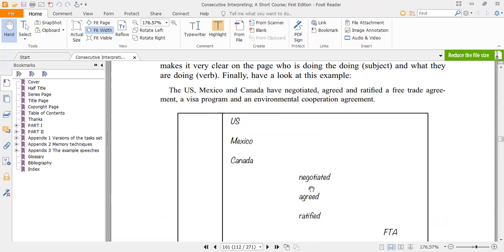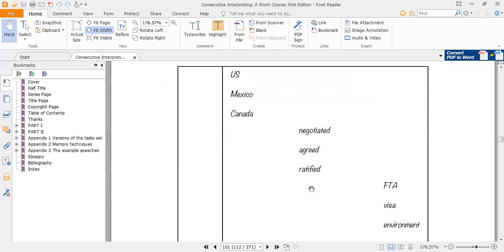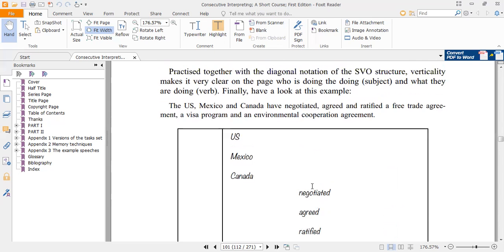Now, if we have a long sentence consisting of more than one subject, more than one verb, and also more than one object, we can write them in this way.